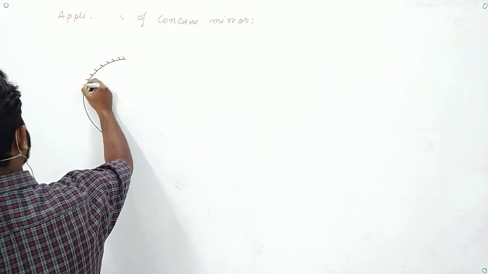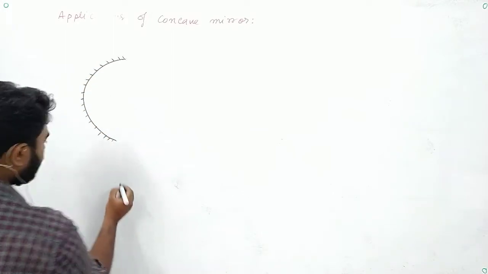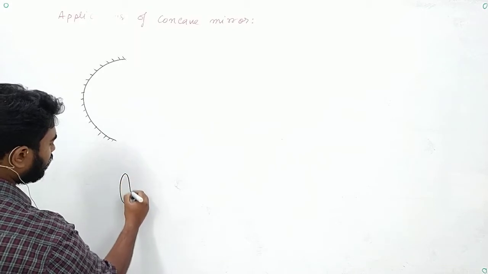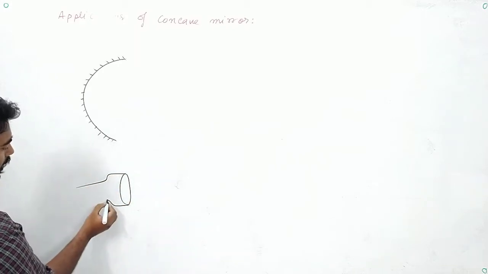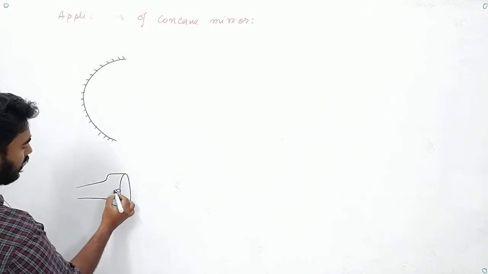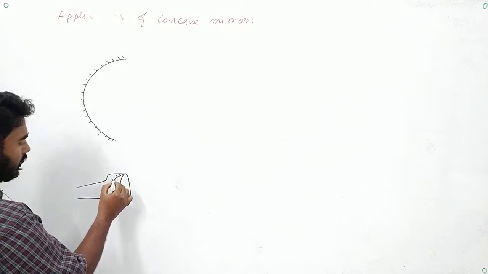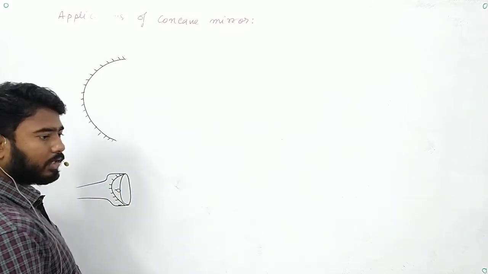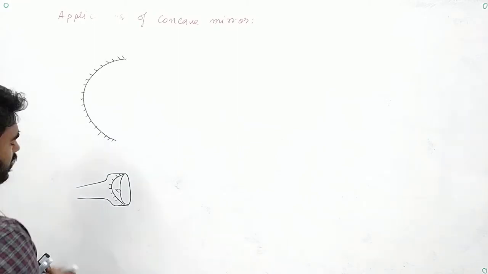You are using a torchlight, and what do you do in a torchlight? Suppose this is your torchlight. You have a bulb placed somewhere in between the torchlight, and there you have a concave reflecting surface. So what happens?